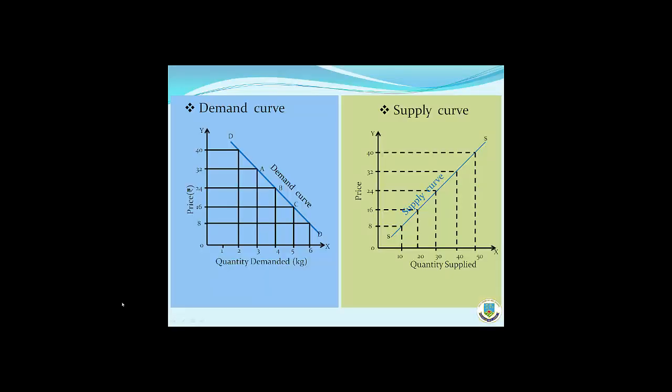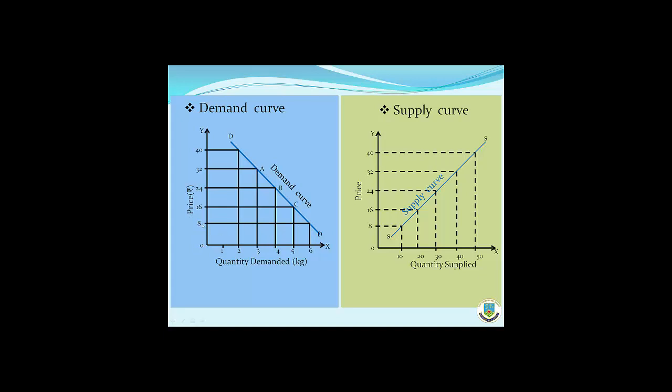Now let us study the difference between the demand curve and the supply curve. Students, here you will find the differences in the curves. In the demand curve, when the price is low, demand will be more. At price 8, demand is 6.